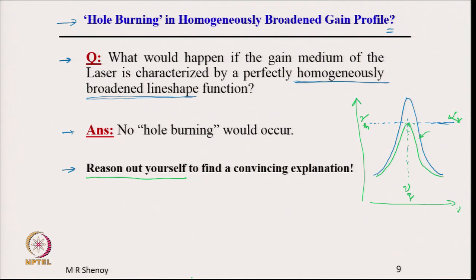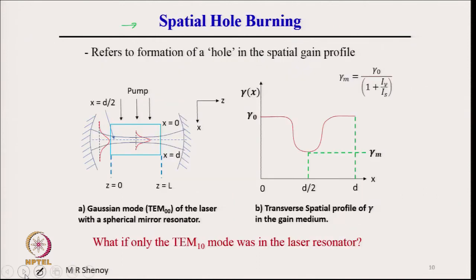But if I plot this gain as a function of spatial coordinate x, for example, gamma of x, at a particular frequency, and the profile comes out like this, then this is called the spatial gain profile. That is what I discuss in this slide.